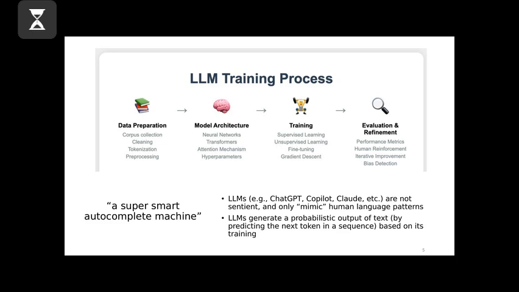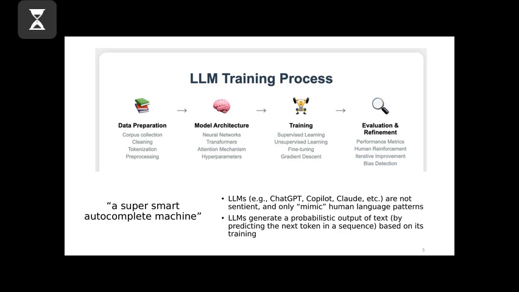During training, the model reads through vast amounts of tokenized text data, adjusting its internal connections, or what are also called weights, to better predict the next token in a sequence.